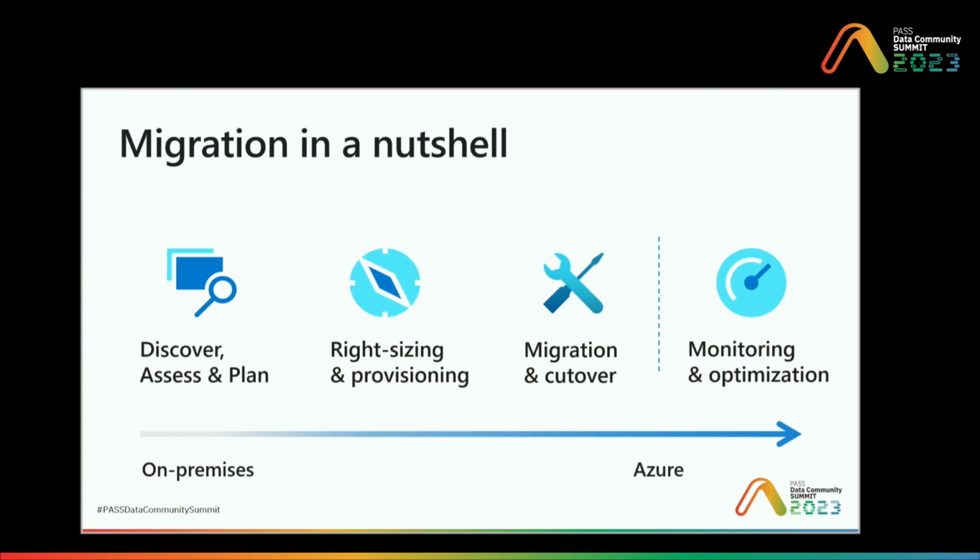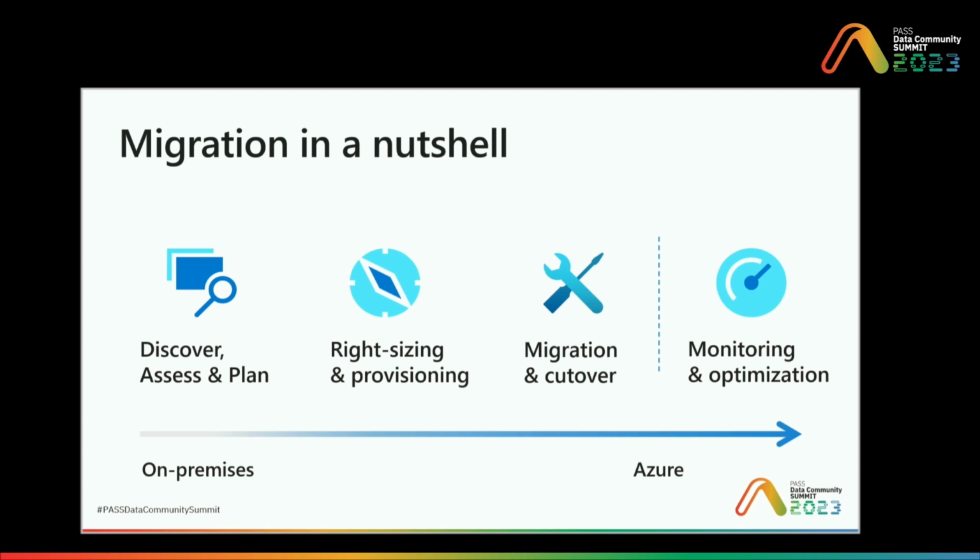Once the assessments are done, the migration is not done yet. We have to do the actual data migration. And even after the data migration, we still have to continuously keep monitoring the target databases we migrated to, to make sure whatever we provisioned is of the correct size and is meeting your performance and cost business requirements.